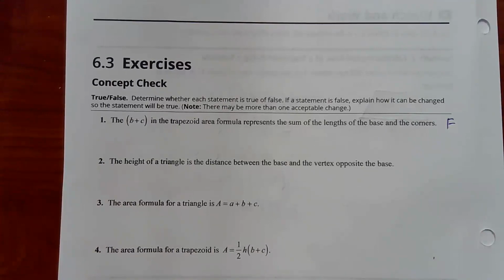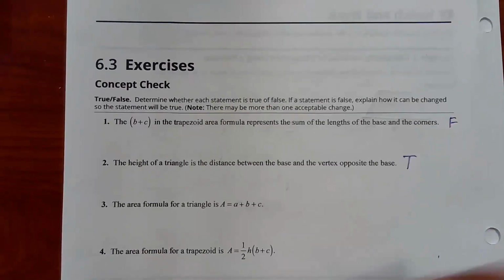Number 2. The height of a triangle is the distance between the base and the vertex opposite the base. That's true. Look at the formula, look at the diagram.